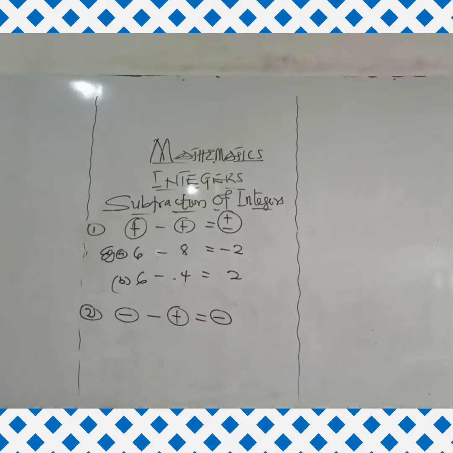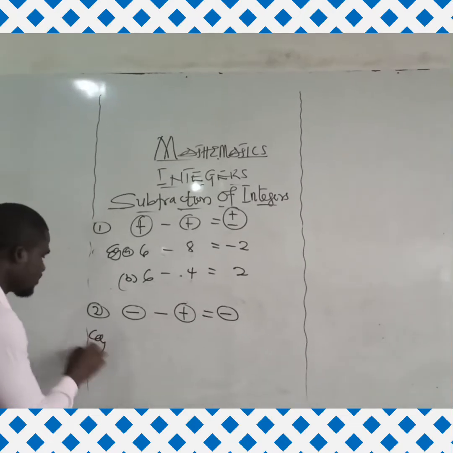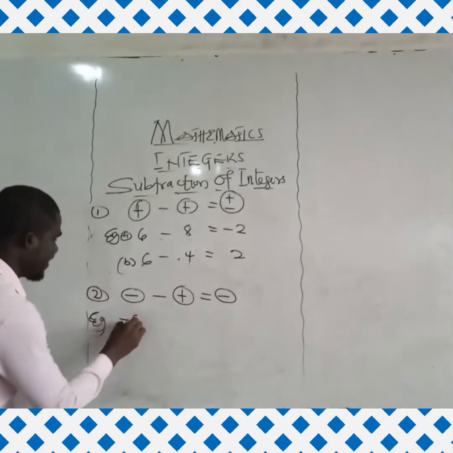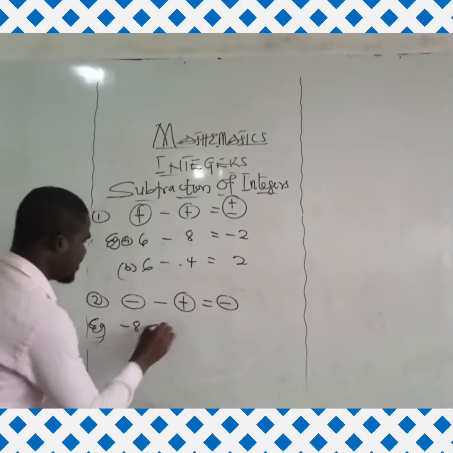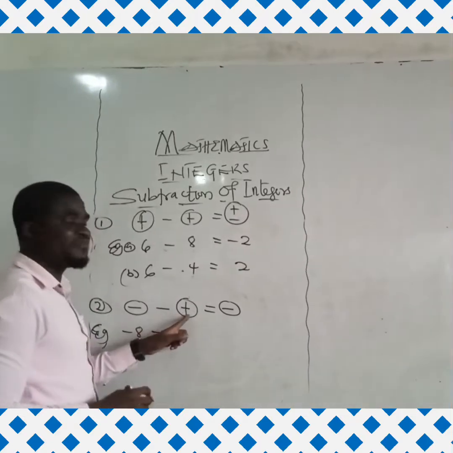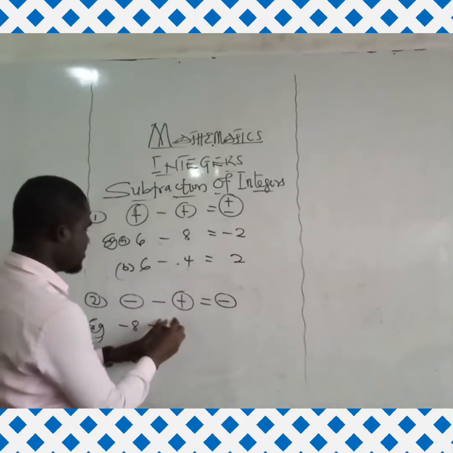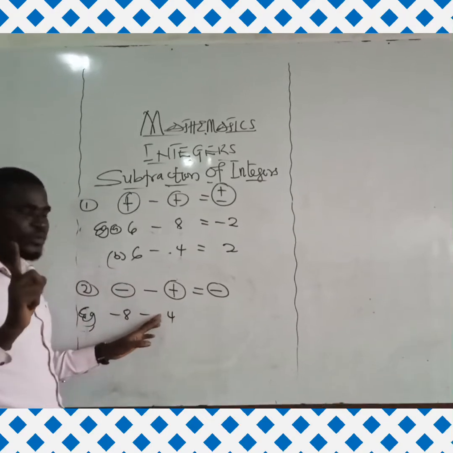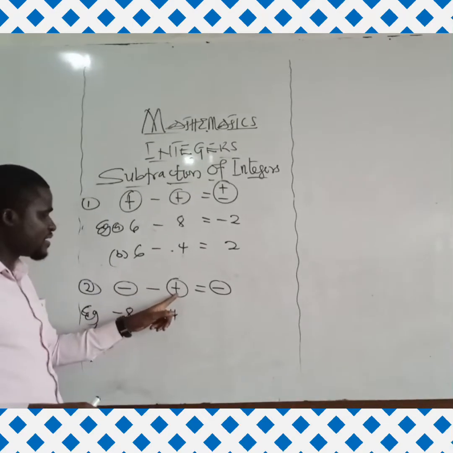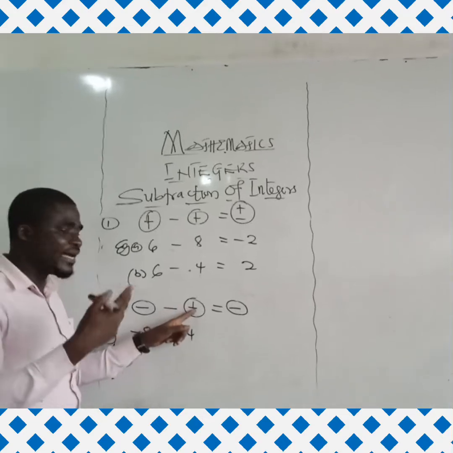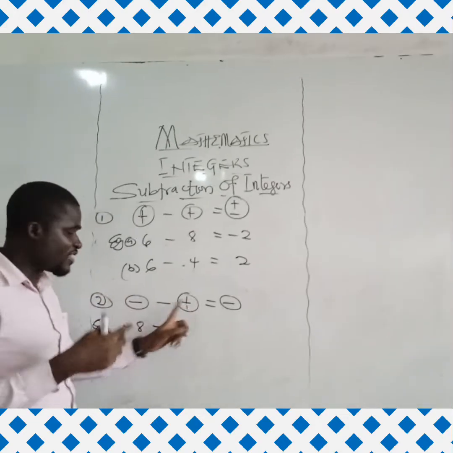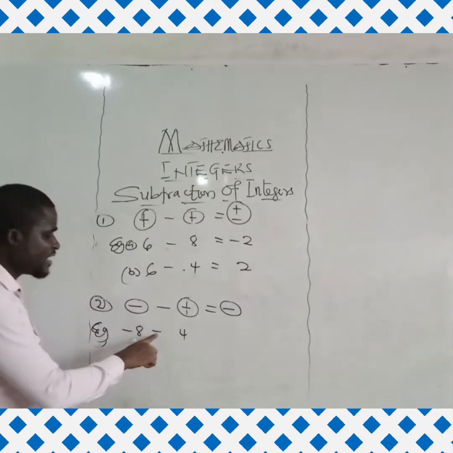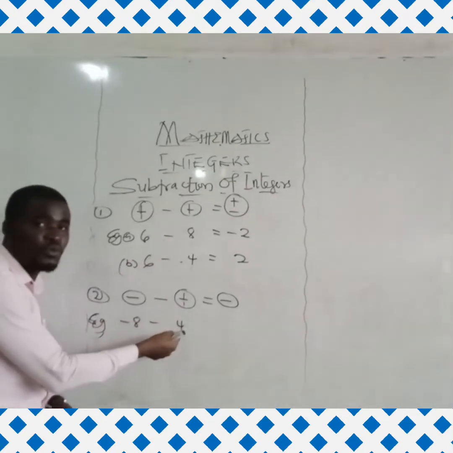Let's prove it with an example. If I have negative 8 minus my positive number, which will be 4. Remember, I told you that when negative and positive meet, negative has more power than the positive. That's why I have negative here, and this negative here is also affecting the 4.